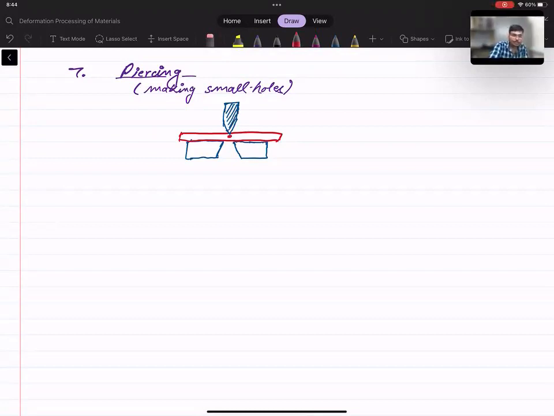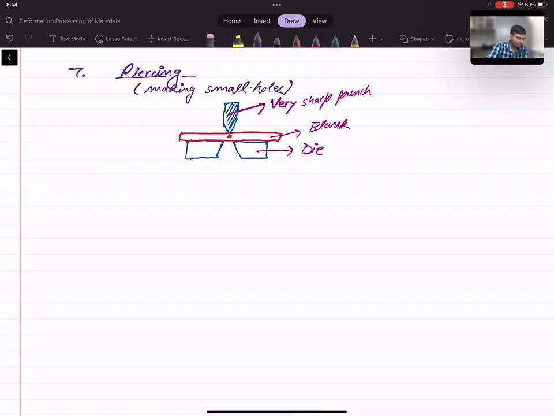This is a very sharp punch. This is the blank, and this one is the done. This is the process of piercing.